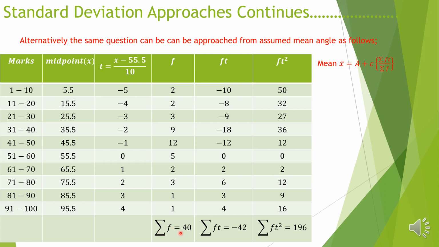Once I have that 40, then I'll move on to the product of ft, which is only taking f multiplied by t.